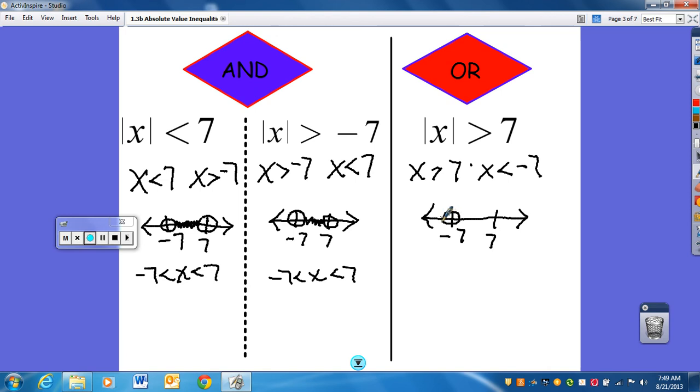When we have x is less than negative 7, less would be to the left on the number line. And when we have our open circle at positive 7 and it says x is greater than, we're going to be shading to the right. So this is our situation where we have our "or", meaning we have our two separate areas.